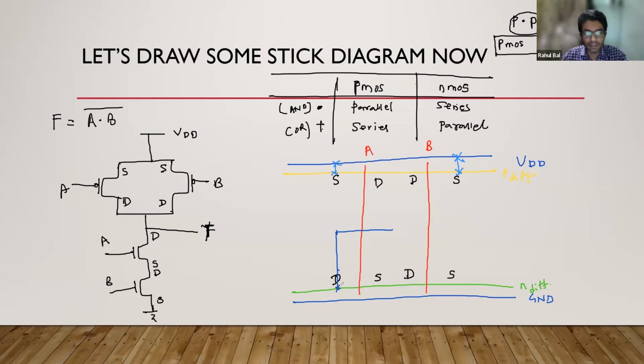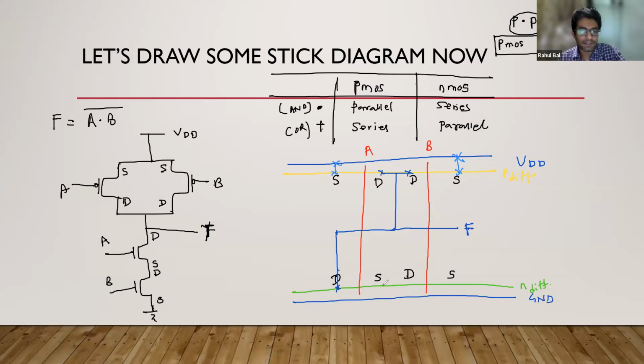So like here I have made the connection. Same way, you can make the connection like this. And here you will mention the output, that is F. Okay, like this.